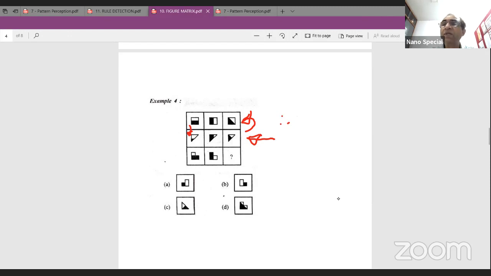Now in the second one, what's happening? You have a square like this. It's all shaded. And how did you arrive at the second one, this one?